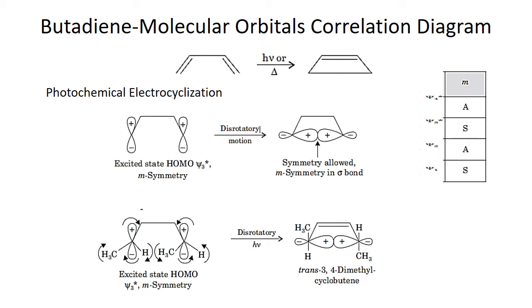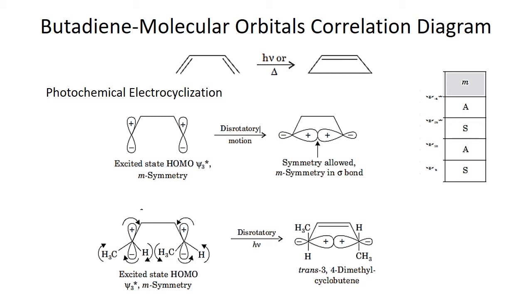This was the case of disrotatory, but if you carry out conrotatory motion, they both move in the same direction. It means now a positive and a negative lobe coincide. This is not allowed according to the molecular orbital approach as well as symmetry, because psi3 is symmetric, but when the bond is formed, the sigma will be in the antibonding state, which is antisymmetric with respect to the mirror plane.